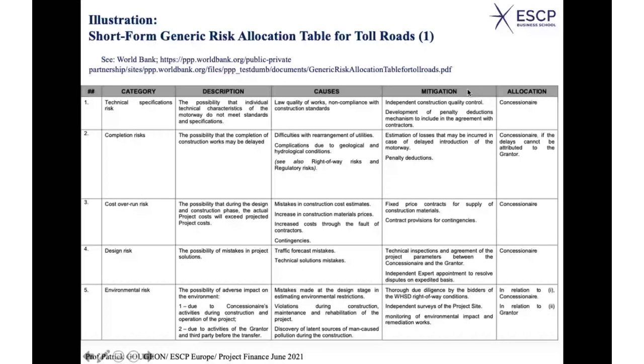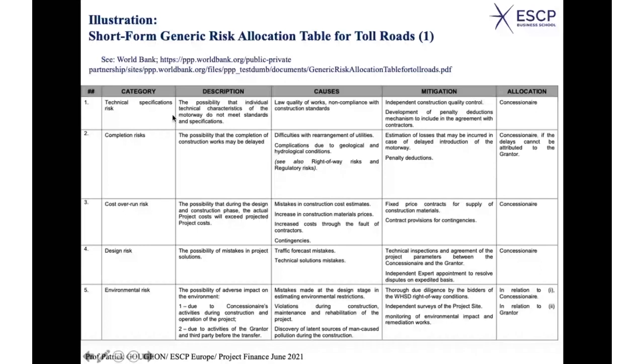And if you want to know more about it, you find the reference here from the World Bank. So, technical specification risk, you may have a risk at this level. What does it mean? For instance, the possibility that individual technical characteristics of the motorway do not meet standards and specifications. This is a project of toll roads, okay?